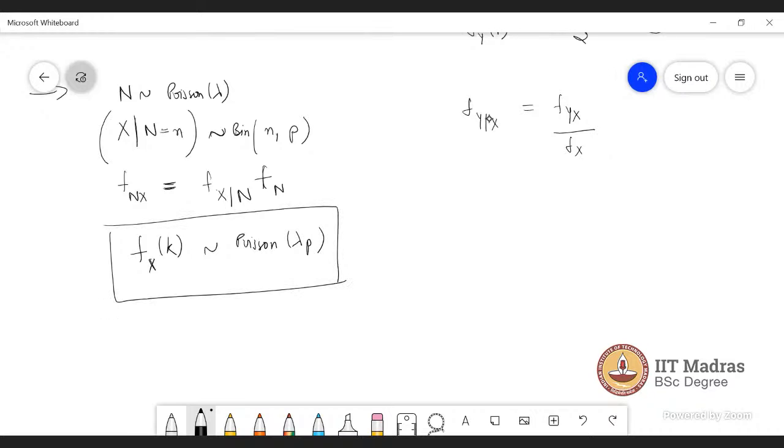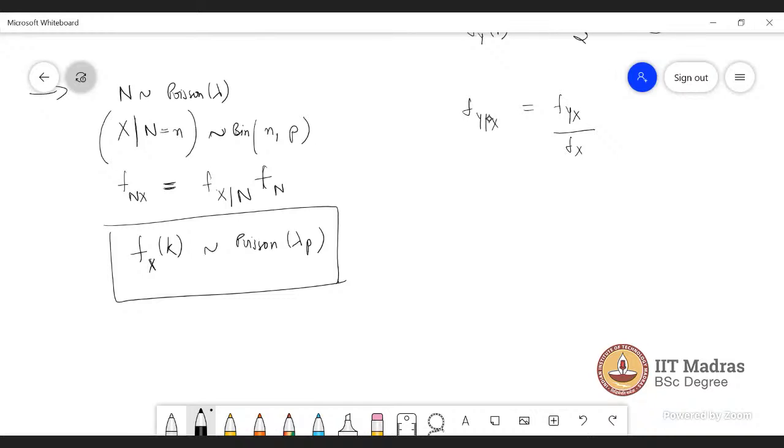You should remember this. If x given n follows the binomial with parameters n comma p, then the distribution for x is again Poisson with parameter lambda p.